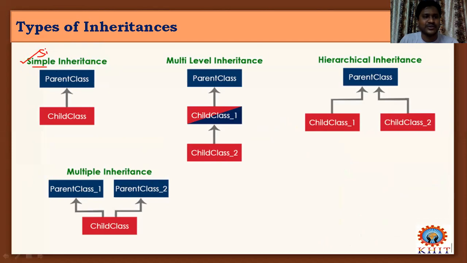In this inheritance, only one parent class and one child class are involved, and the parent class properties are extended by the child class. The child class objects can access whatever methods or members are defined inside the parent class. So this is called simple inheritance.